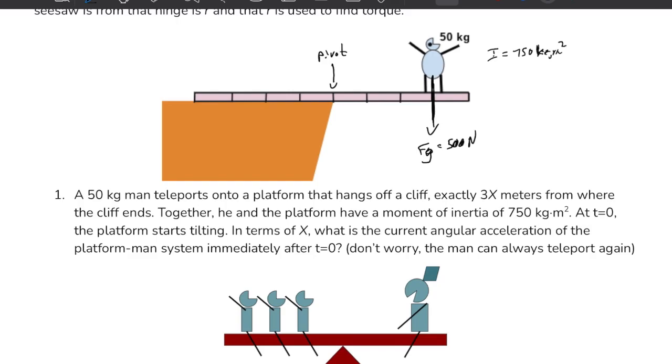and we're going to divide it by rotational inertia. They've given us the rotational inertia of 750. So 500 times 3x divided by 750 will calculate our rotational acceleration, our alpha.